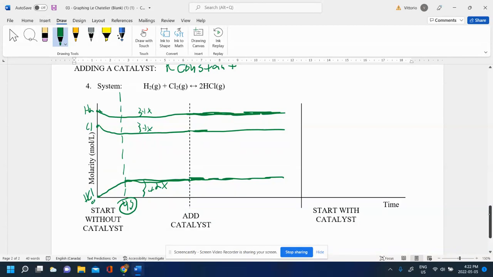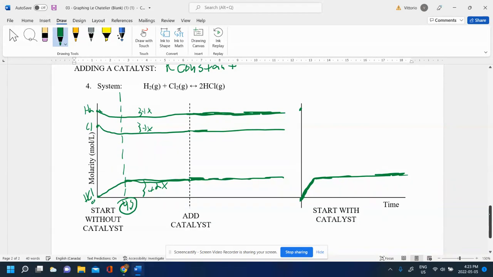So if I start with the catalyst, I'll reach the same concentrations, assuming I start off the same way with the reactant concentrations. I'll reach the same concentrations, just faster. So it'll still be a curve, just a steeper curve here. And now I've flatlined at that same level. But let's say it's about 2 seconds in instead of 4 seconds.